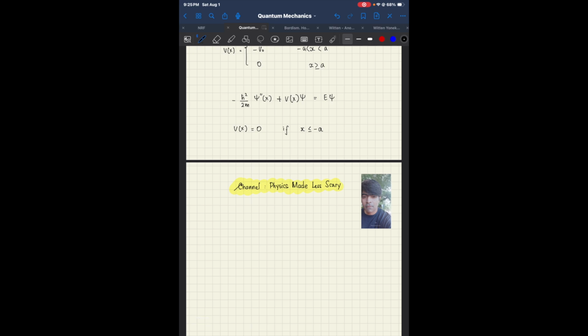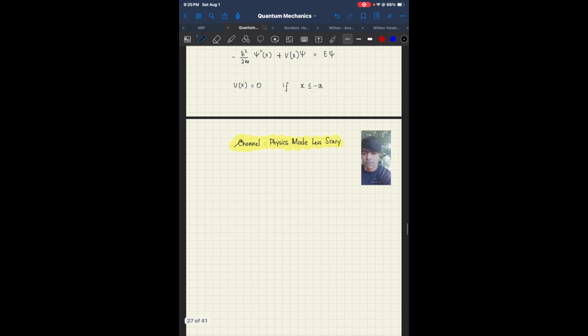So you are left with a very simple formula, which is minus h squared by 2m times the double derivative is equal to some constant times psi. It is crucial to note that this is a constant. This is x independent.